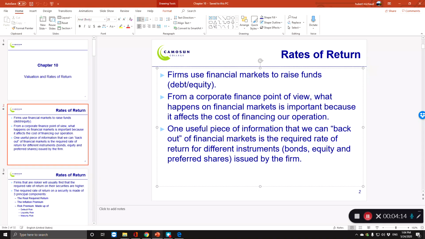By seeing a lot of the information on the market, the firm can back out the required rate of return on different instruments for it. The bonds: what's the rate of return on debt that it should pay? What's the rate of return on equity that it's expected to generate? And what's the rate of return on preferred shares that it's expected to generate? So this whole chapter is about rates of return and how to find that. And then there's a small portion, probably the hardest part.